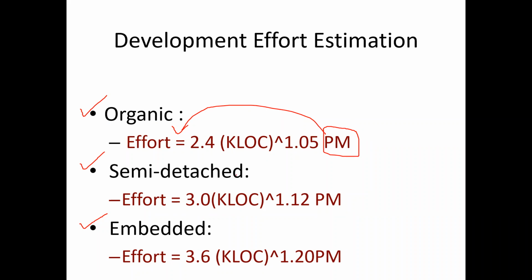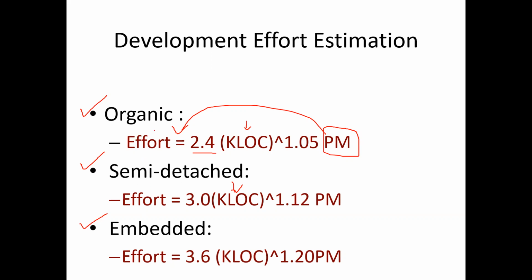If it is semi-detached type software, the formula will be different and the constant values will be different. Here it is 2.4, here it is 3.0, and here it is 1.05, here it is 1.12. Again, the input is the same. KLOC is the input, and we first calculate the effort according to the type of software.